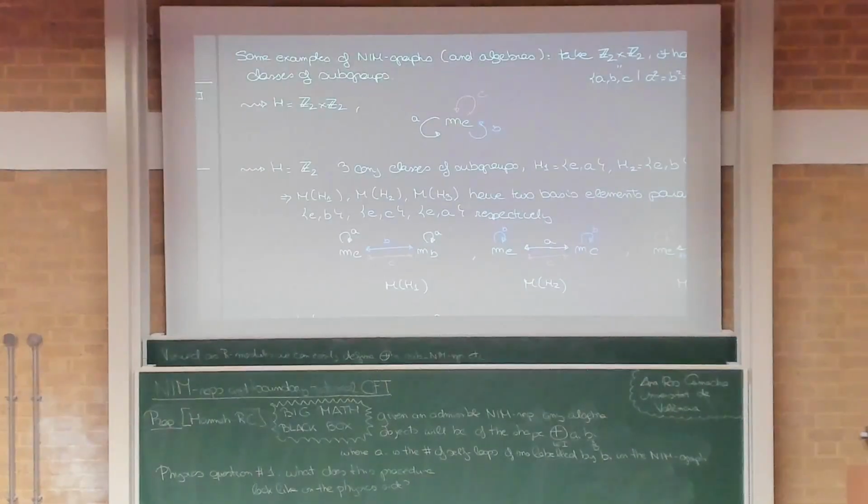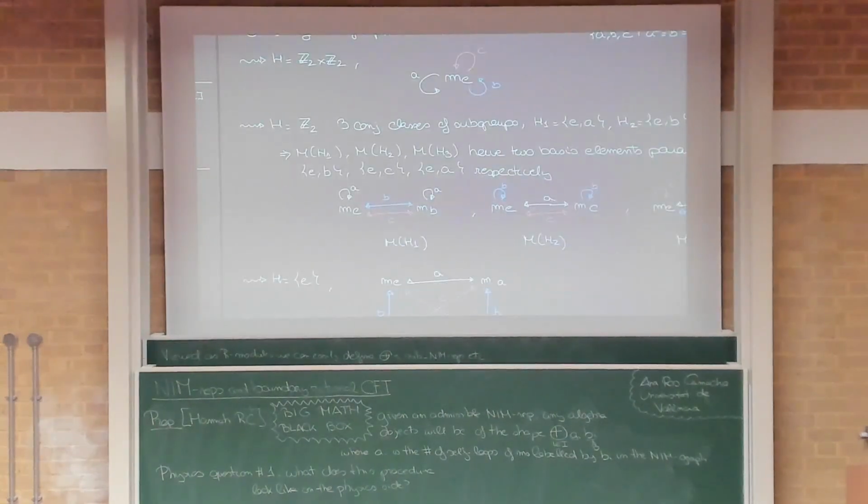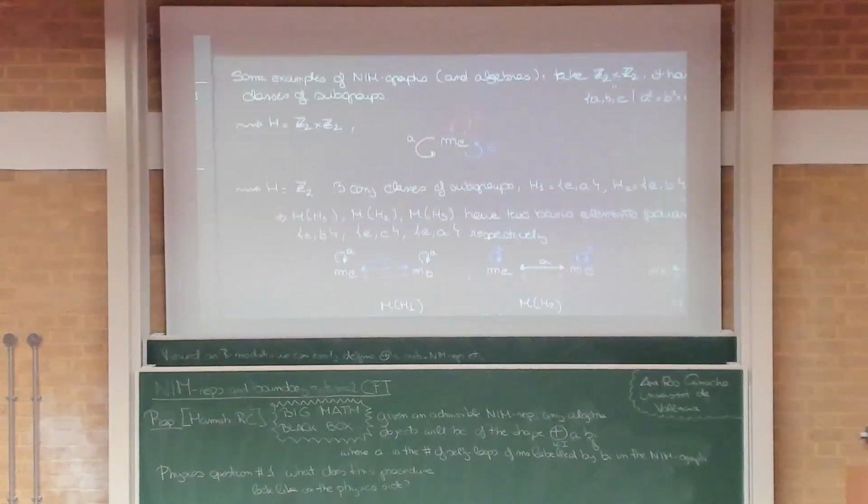One is when you take the group, the subgroup is just the group itself. I think I'm jumping a little bit ahead. But for example, here the algebra object will be given by 1, 2, 3, and the identity.